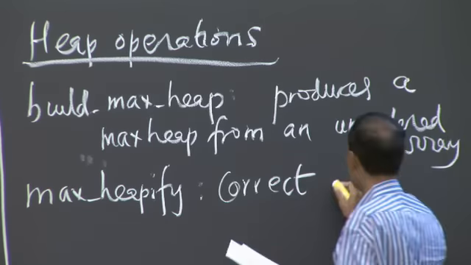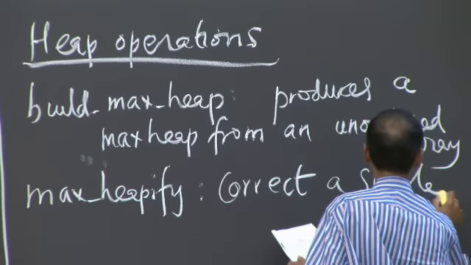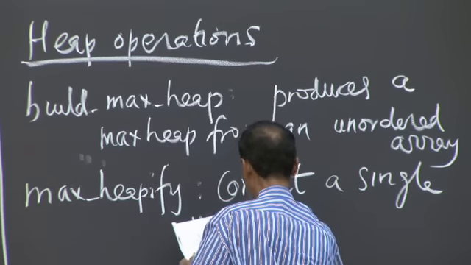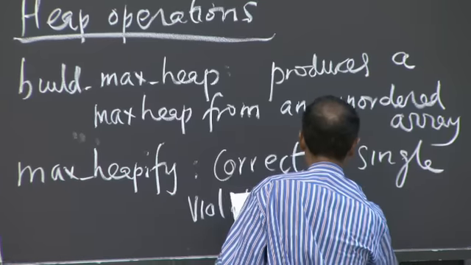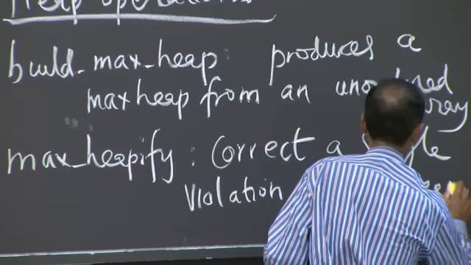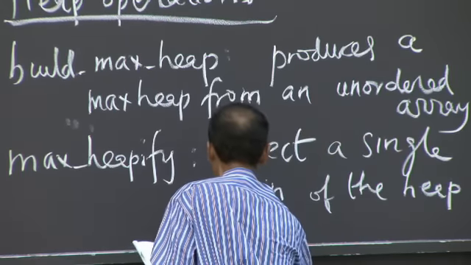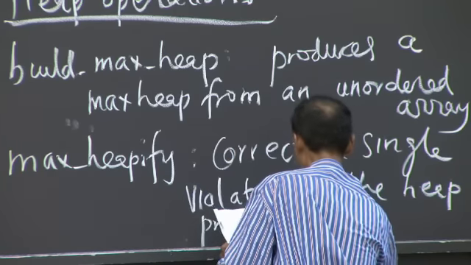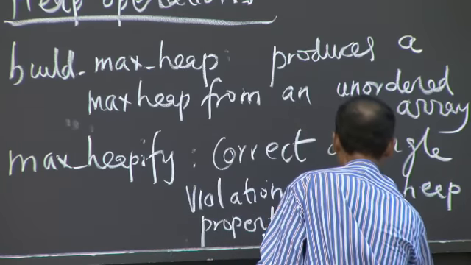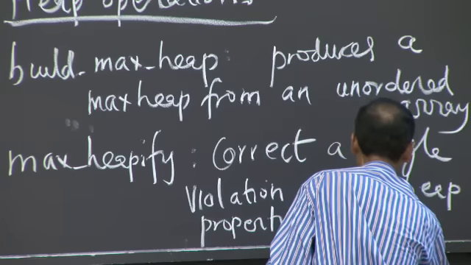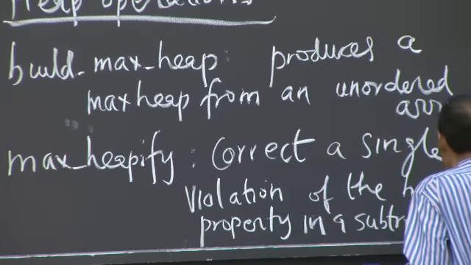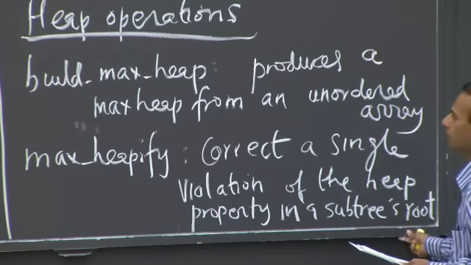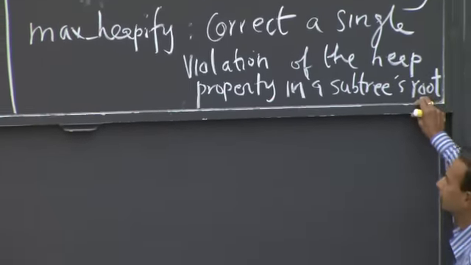So you correct a single violation of the heap property in a subtree's root, okay? And I'll explain what I mean by that in just a minute.